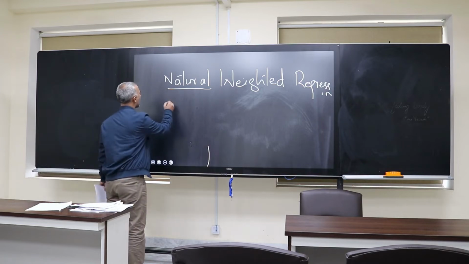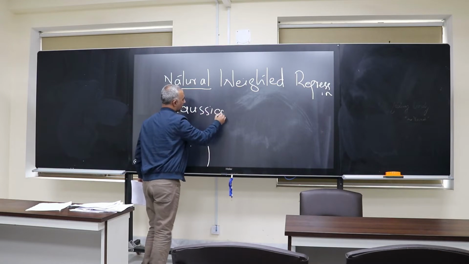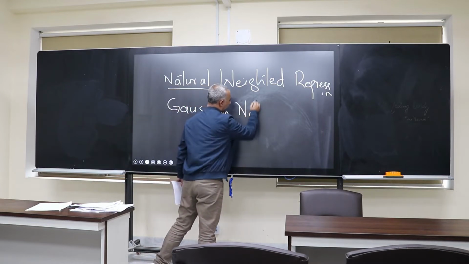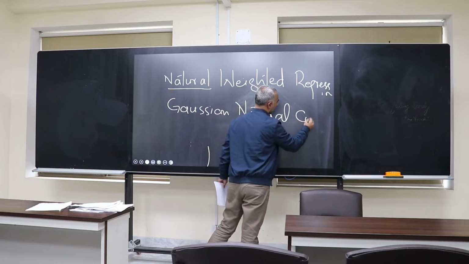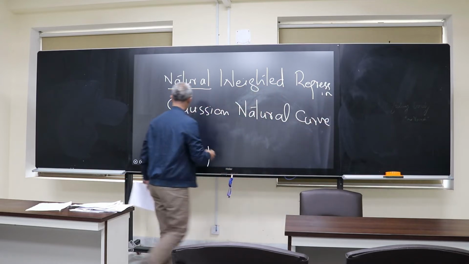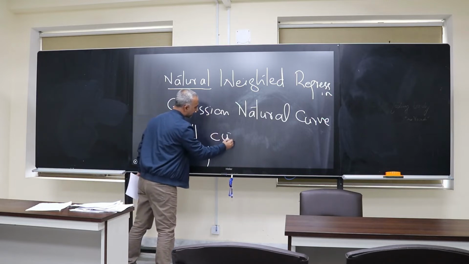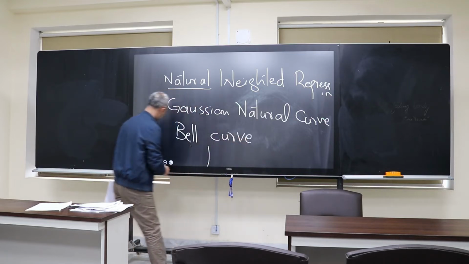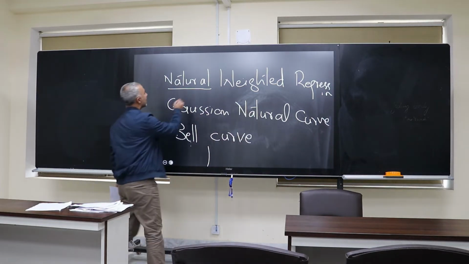This comes from the Gaussian natural curve, or you can say it is also known as the bell curve. First of all, what is the Gaussian?